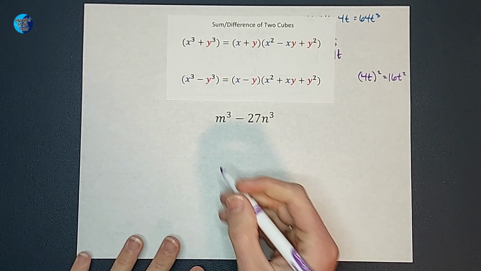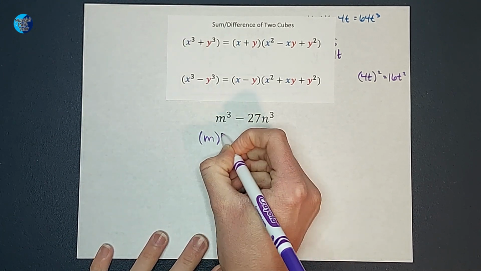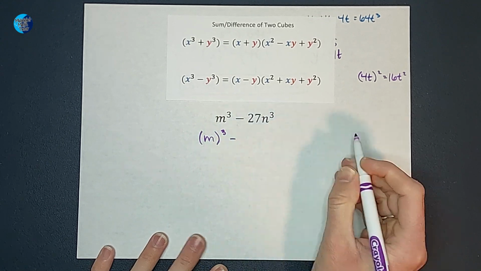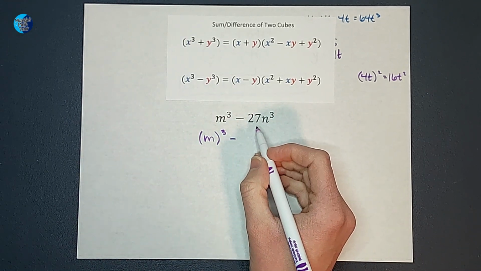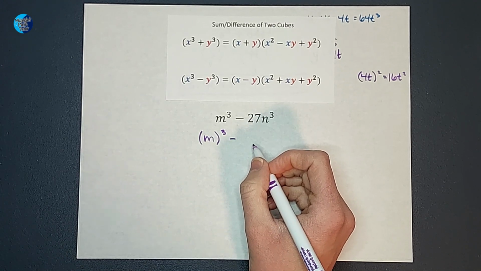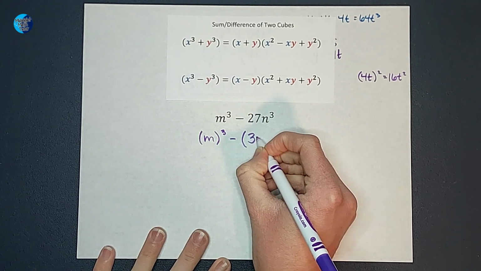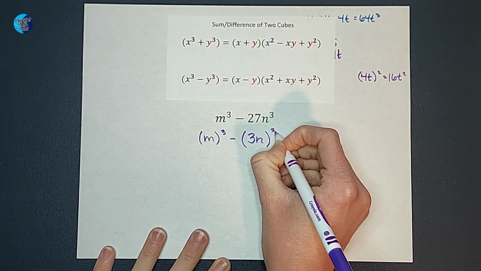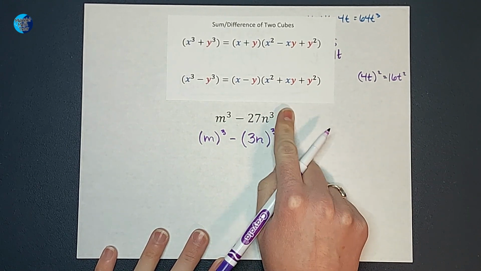So I can rewrite this as m cubed minus 27, which can be rewritten as 3 cubed. So we can write this as 3n cubed, because 3n times 3n times 3n gives me 27n cubed.